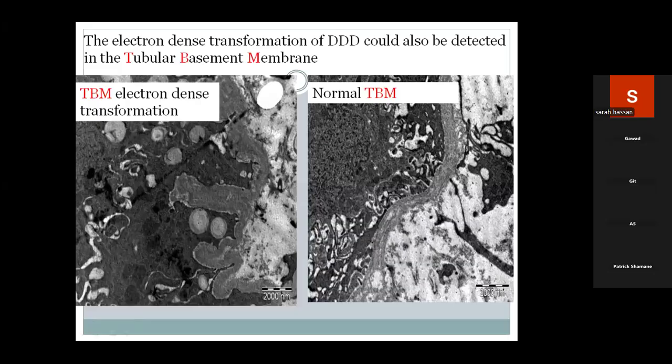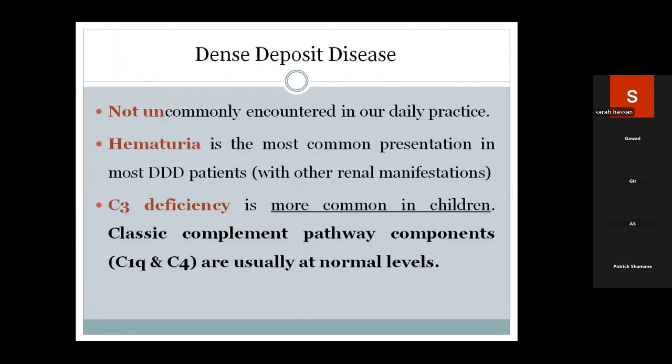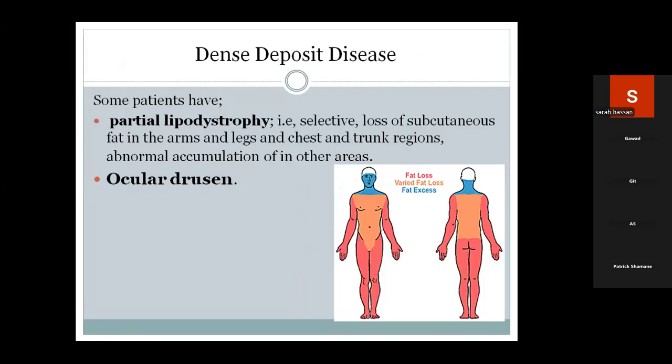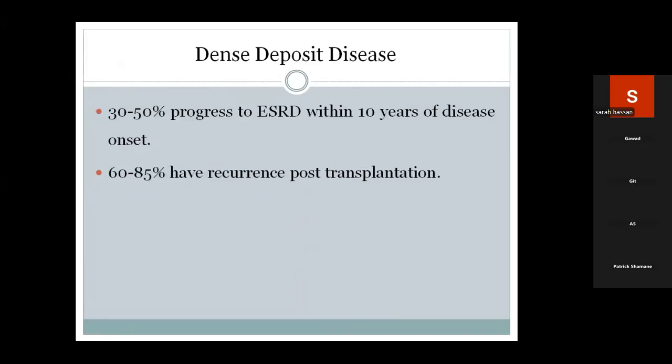The classic complement pathway components, which are C1q and C4, are usually at their normal level, unlike C3, which will be deficient. Some of these patients present with partial lipodystrophy and ocular drusen, and 30 to 50% progress to end-stage renal disease within 10 years, and 60 to 85% recur post-transplantation.